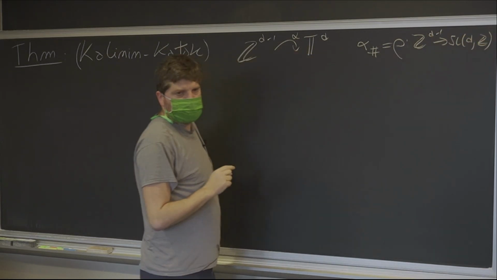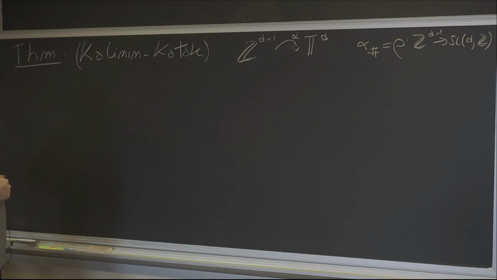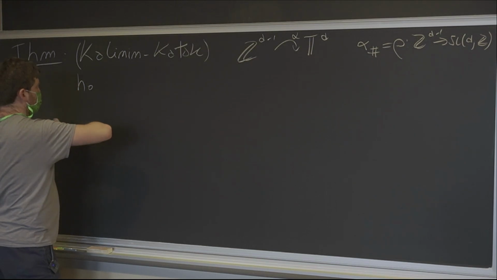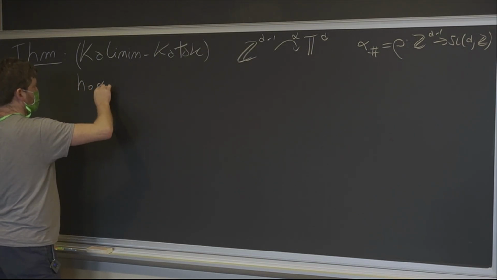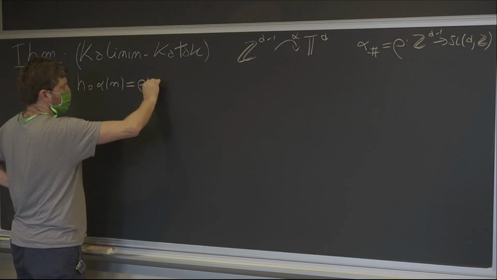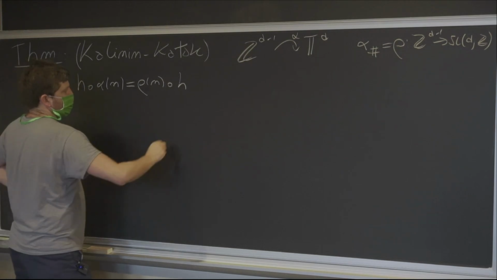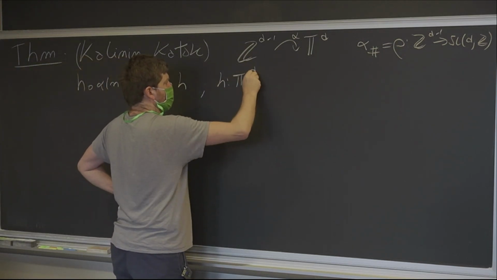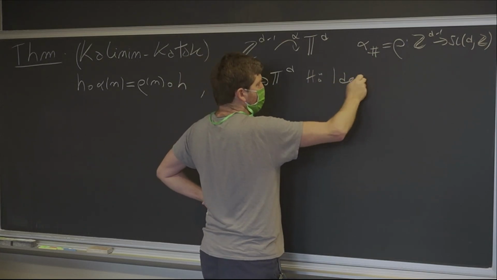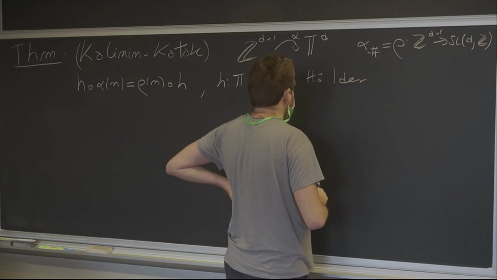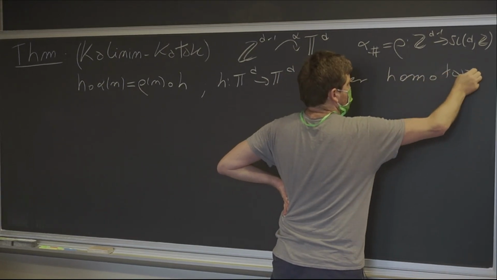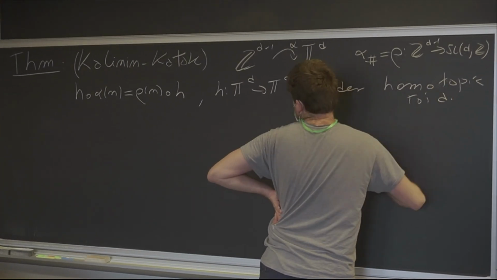We assume it is taking values here, and we showed a lemma or a couple of lemmas that imply that after taking finite index, and I'm assuming that has already happened, H is Hölder. We only care about continuity, but it is Hölder after all. Homotopic to identity. This is for every n.